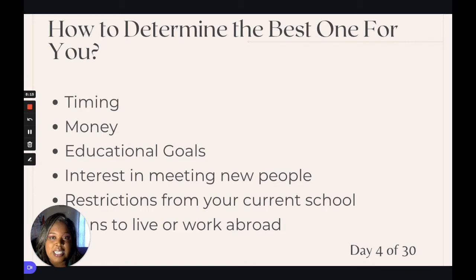For some students, that's very attractive because they're interested in building new relationships and friendships with people they may see on campus but never have a chance to interact with. Or some students are like, actually, I want to get away from the school that I'm at right now and meet new people. So you want to consider that maybe an independent program might be better for you.